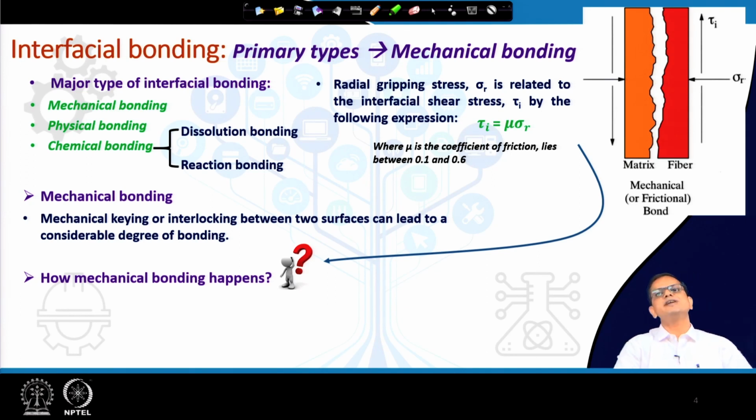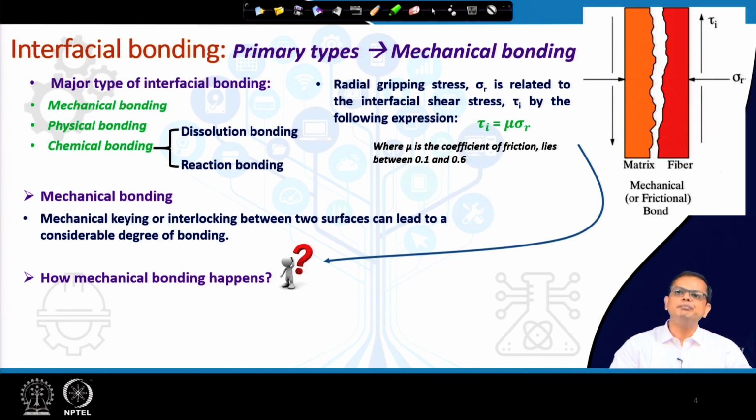Now, how can we have radial stress? Radial stress can act if there is a mismatch in the coefficient of thermal expansion. So, if there is CTE mismatch, and obviously there is CTE mismatch between fiber and matrix, because of that there will be radial stress, and with higher radial stress, obviously, as you can see, the tau I value or the interfacial stress is higher.